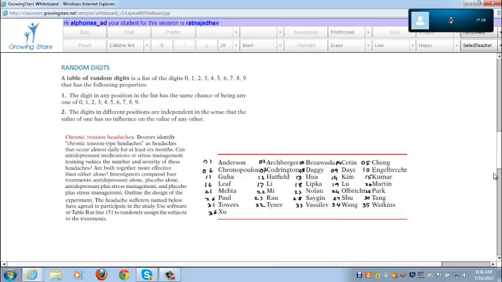And then what we do is we assign labels to all the individuals. Now, do you have your textbook with you? Grab it. It's on the last page. You have to look at the random digits table.